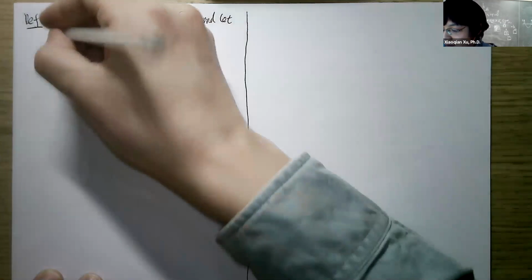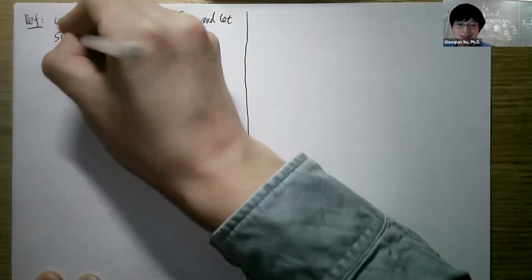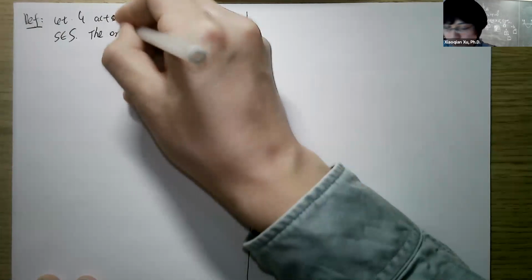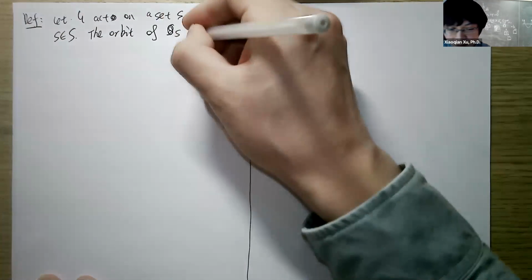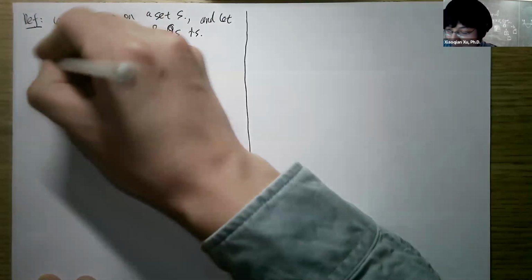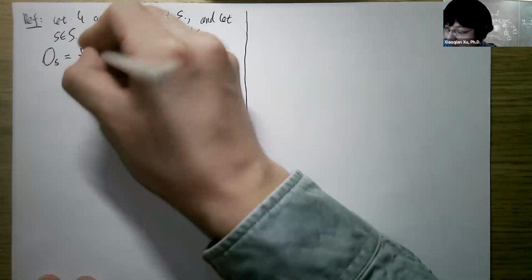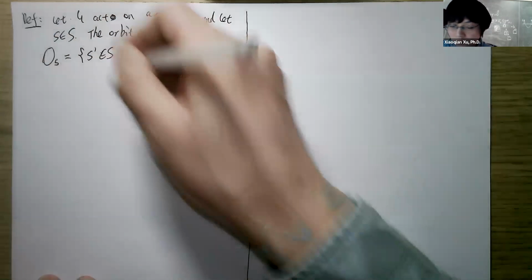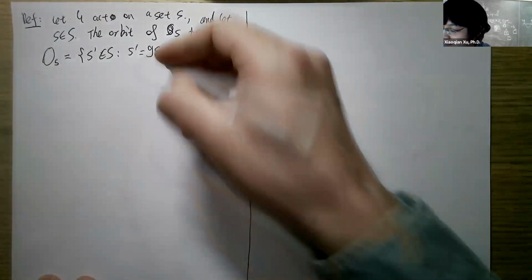And let's say we have an element in S. We define the orbit of this little s: the orbit of s is the set of s' in S such that s' equals gs for some g.